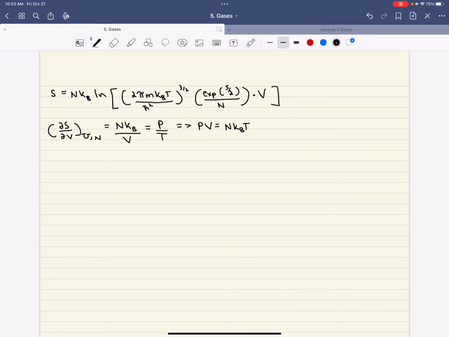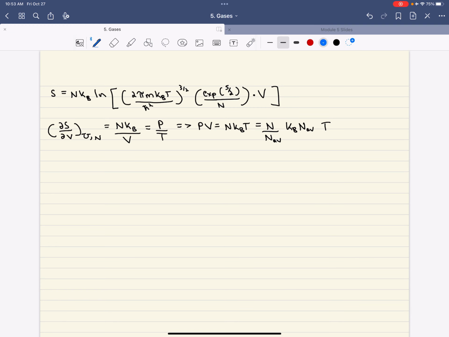And then what I'm going to do here is multiply the right-hand side by Avogadro's number divided by Avogadro's number. So I'll write the divided by Avogadro's number there, and then I'll put the Avogadro's number at the top here. And so this divided by this is just 1, right? So we're just multiplying the right-hand side by 1. We're not changing the value at all.